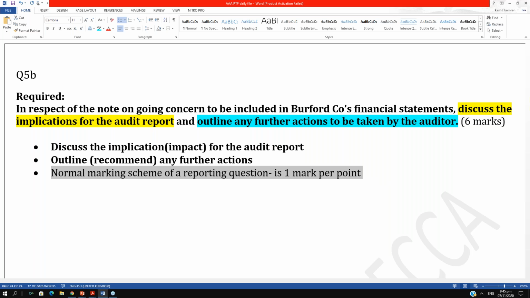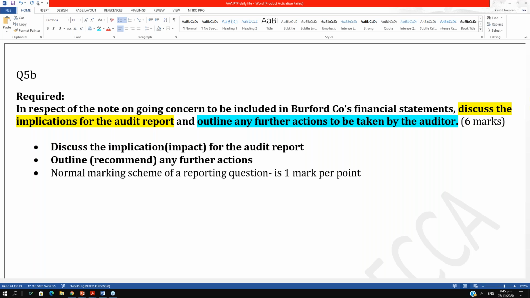A going concern matter is worth 2 marks. Beside that, anything in a reporting question will be worth 1 mark. Is that clear to everyone? So anything you do in a reporting question is worth 1 mark, except for a going concern matter, which is worth 2 marks. Clear? Okay, that's great. Are the other students clear as well? Waiting for your answers. Are you clear on the marking scheme?